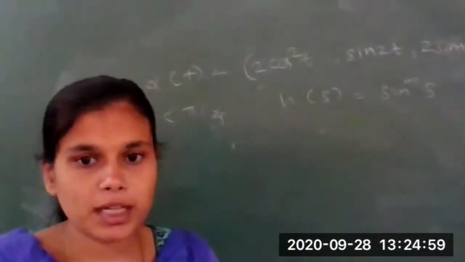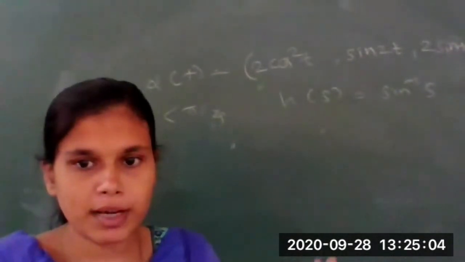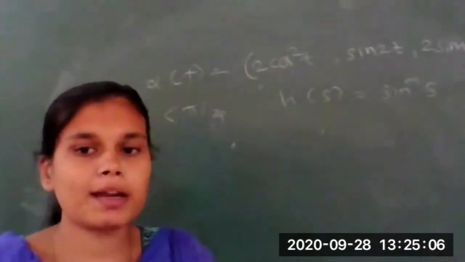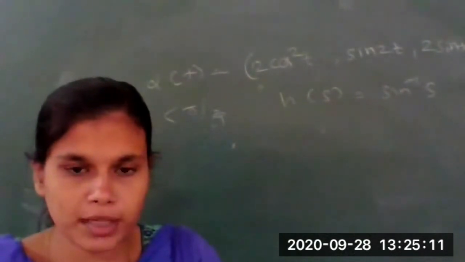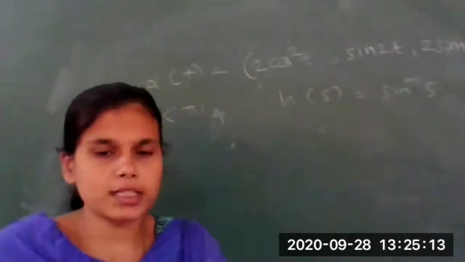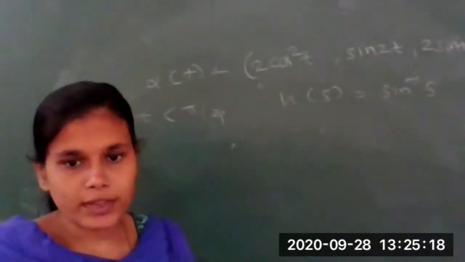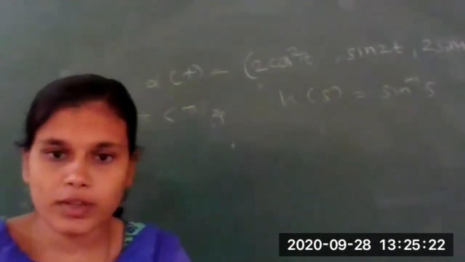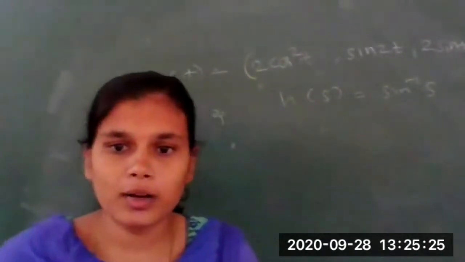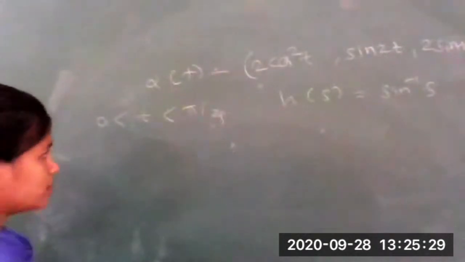Now we have to find the reparameterization. What is the meaning of reparameterization? Simply, we have one parameter t, and we change this parameter t to another parameter, say s. If we are changing a parameter from t to s, this is called a reparameterization. We already know what a parameterization is: writing the given curve in the form of a parameter is called a parameterization, and the parametric form is not always unique.